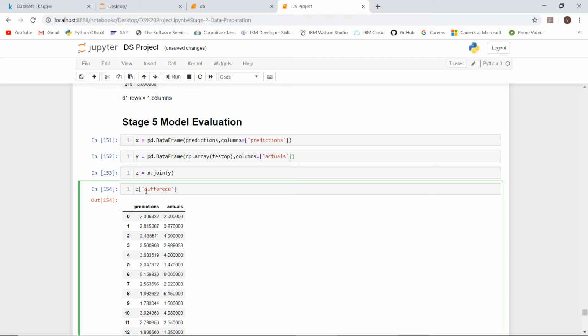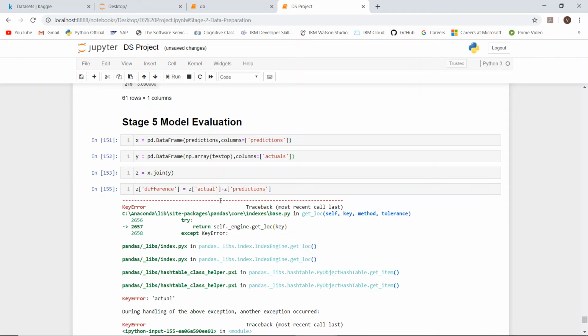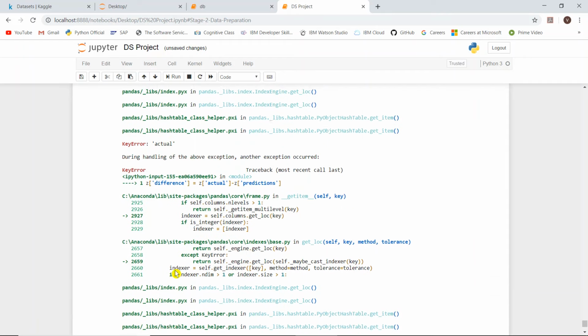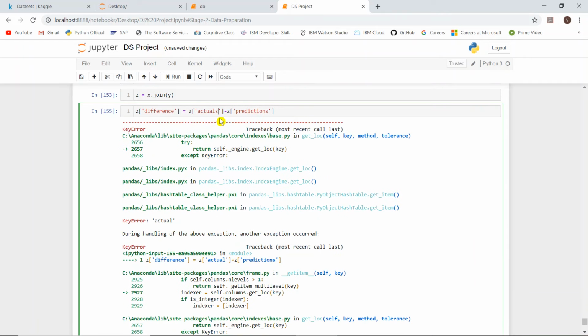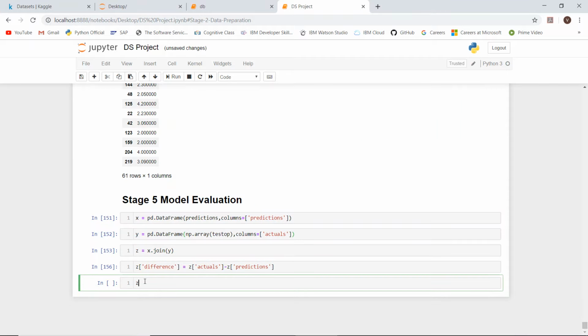Difference is equal to z of actual minus z of predictions, actual value minus predictions value. Okay, so let us display z.